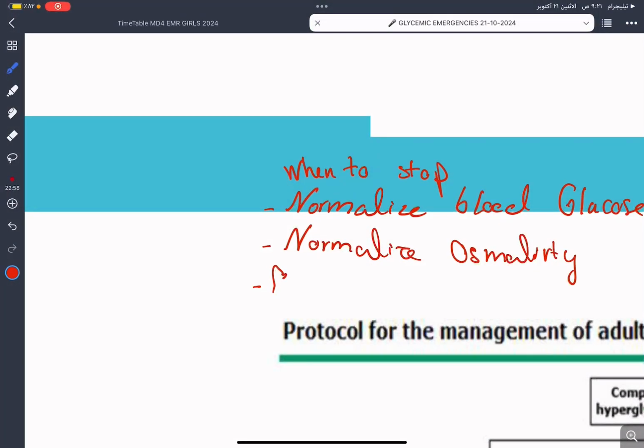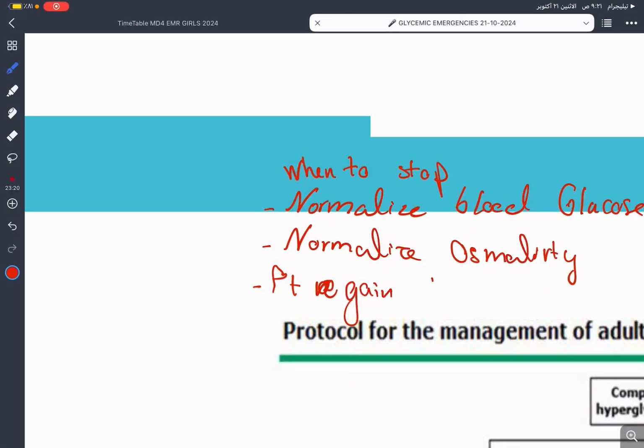And again, the difference between DKA and HHS is usually HHS happens commonly in type 2 diabetes as compared to type 1 and DKA. The degree of hyperglycemia in HHS will be more than 600 usually as compared to DKA.